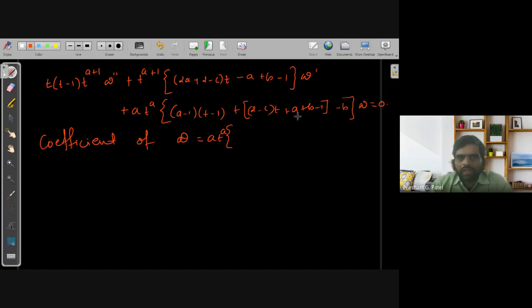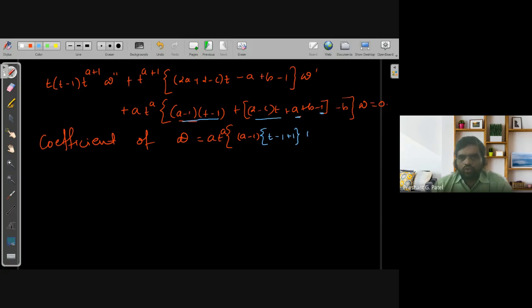See what I can write down. This is a minus 1, so a minus 1 is here also. So I just take out a minus 1 as common from these terms, this one and this. So what is left inside is t minus 1 plus 1.